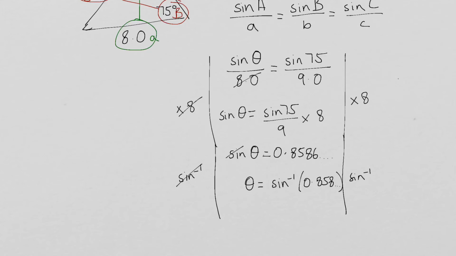0.858 blah blah blah. So here on your calculators, remember that if you want the inverse function, so this -1, you have to press shift first and then sine. And then here, when you pop this number in, please just use the answer button on your calculator and don't round any values until you get to the very end.